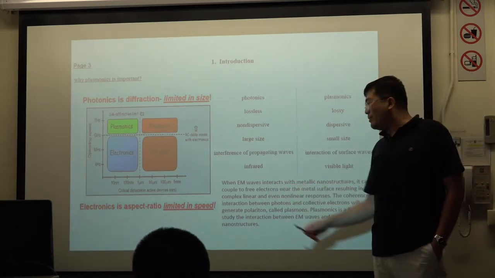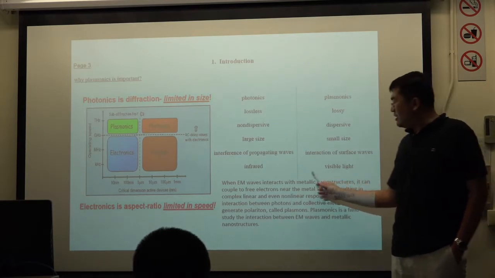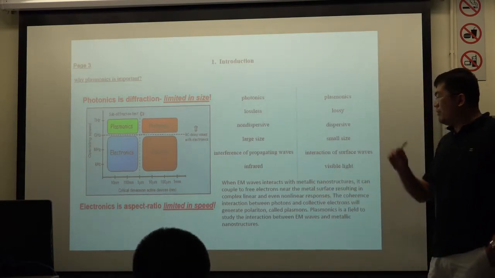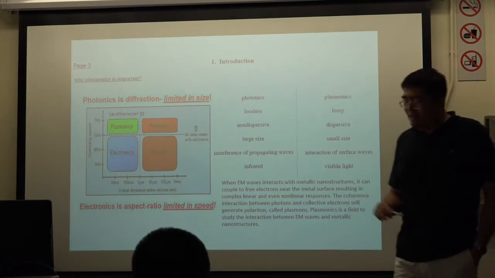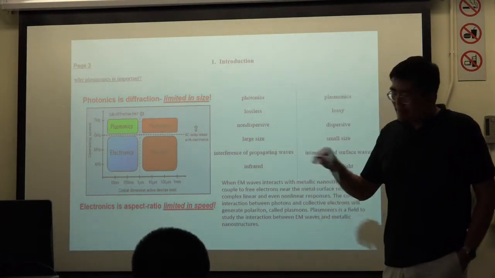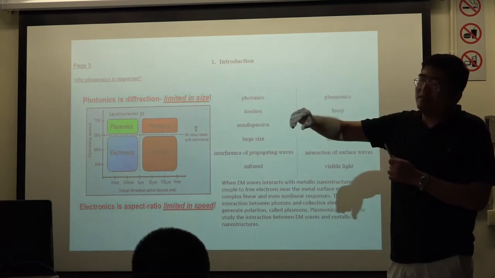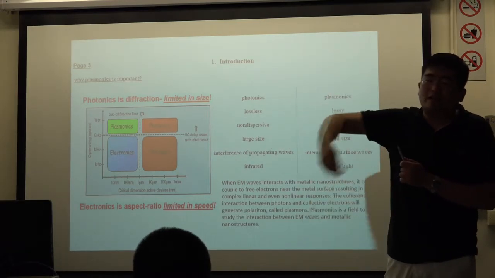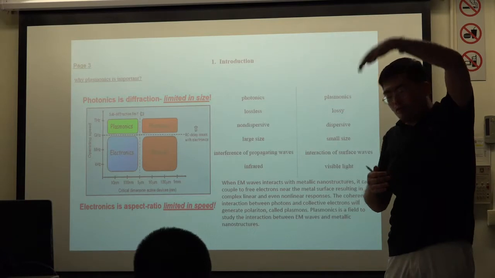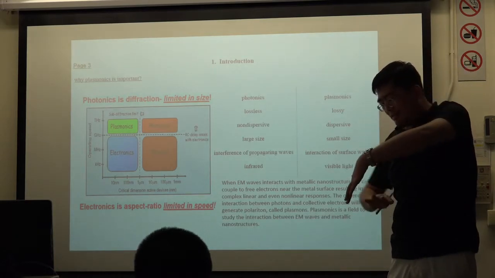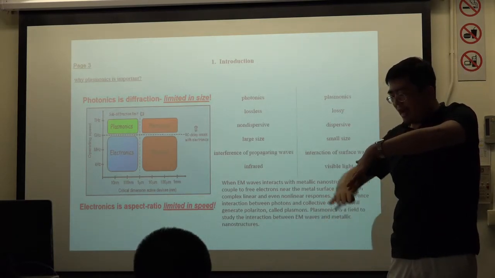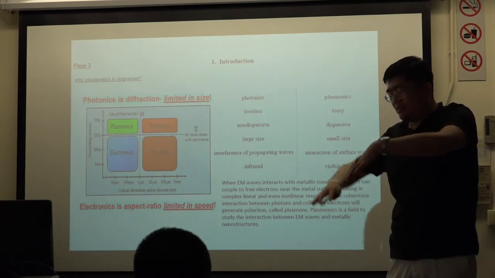When an EM wave interacts with metallic nanostructures, it couples to the free electrons near the metal surface. In metal there are many free electrons moving around. When the electromagnetic wave illuminates the metal nanostructure, it can couple to the electrons around its surface.